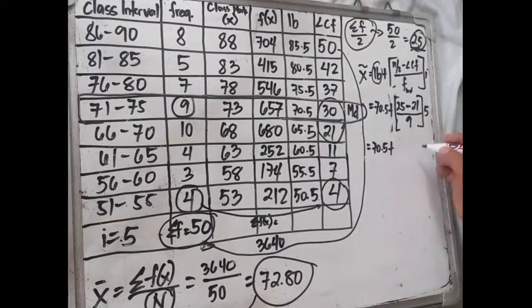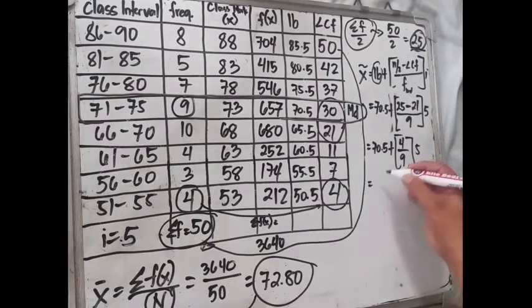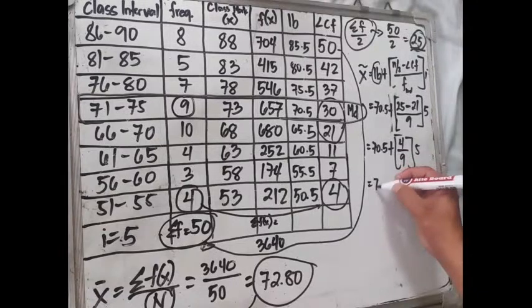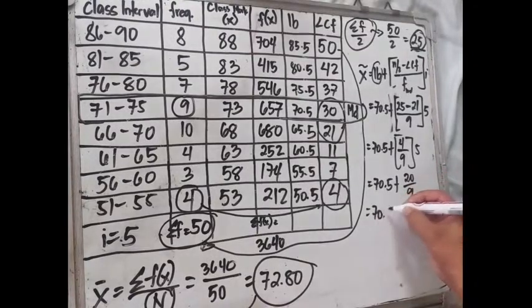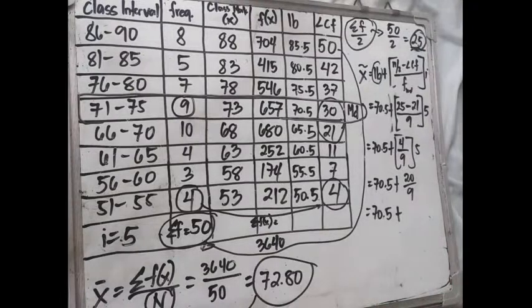70.5 plus 25 minus 21, that is 4 over 9 times 5. So 70.5 plus 4 times 5, that is 20 over 9. So 70.5 plus 20 over 9, and that is 2.22.